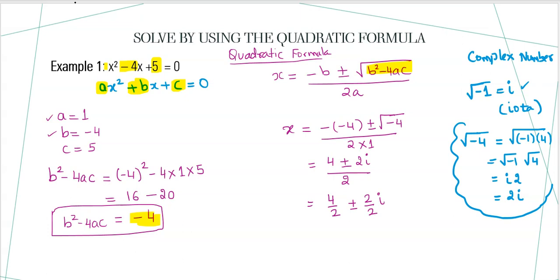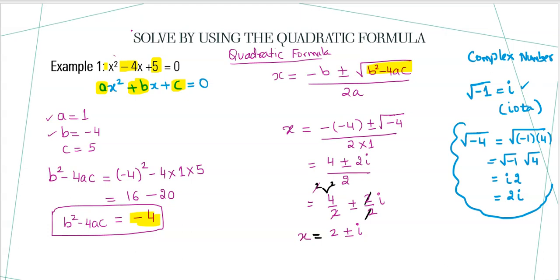We know that 4 can be written as 2 times 2. Okay, and we can easily cancel this 2 with 2. So one of the 2's gets cancelled here again. So 4 divided by 2, you get here 2 plus and minus iota. So we get x is equal to 2 plus minus iota.